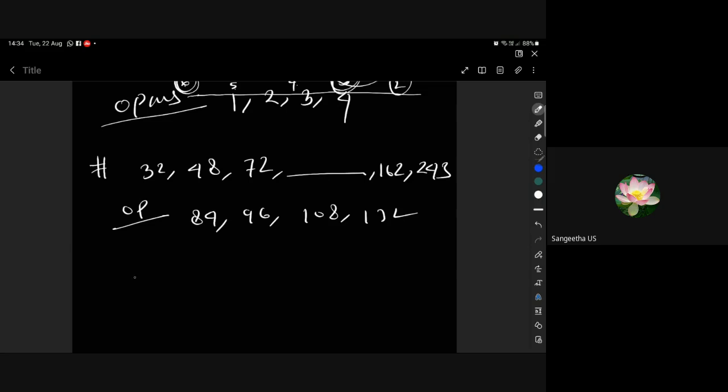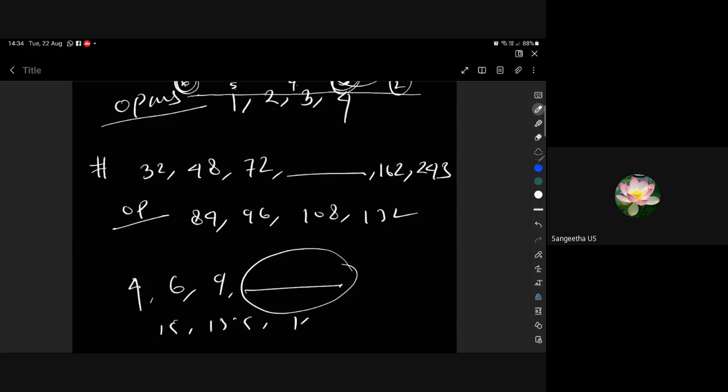Suppose 4, then 6, then 9, then what will be the next number? Just try to think. What will be the next number? Options: 15, 13.5, 14, 16.